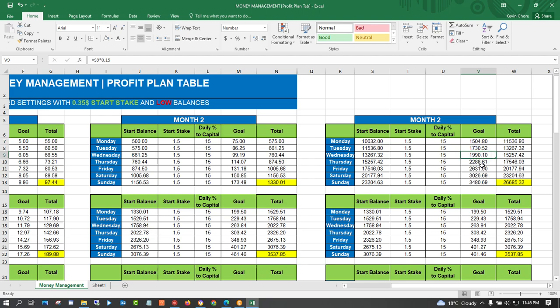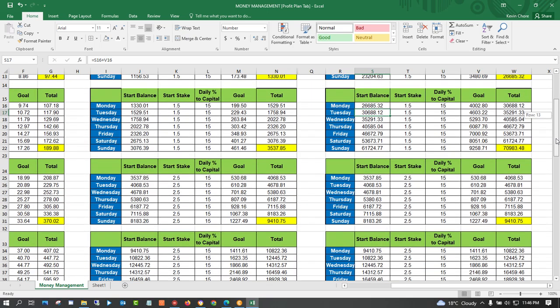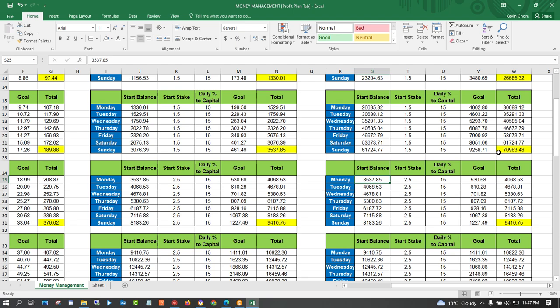You see, everything is now multiplying by itself. So this one is equal to this one, right? And this one is equal to this one, right? So everything is happening automatically.